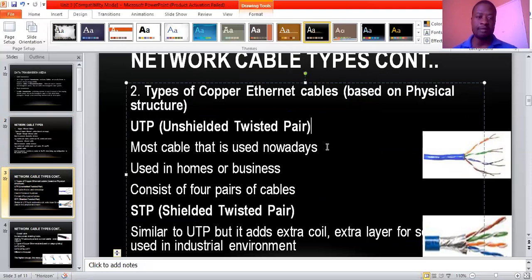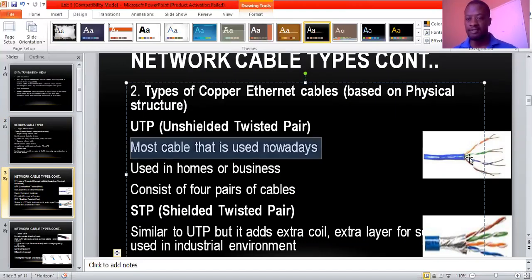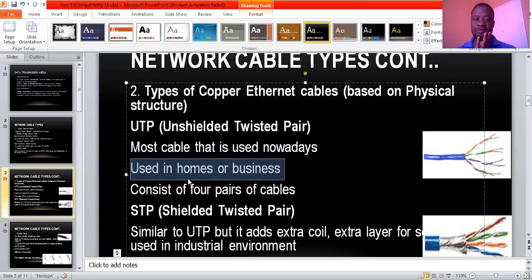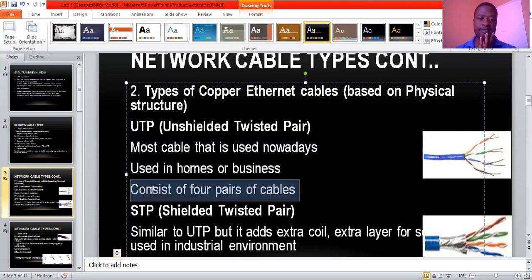It's the most widely used cable nowadays, used in businesses and in homes. Look at the structure of UTP. It consists of 4 pairs of cables.